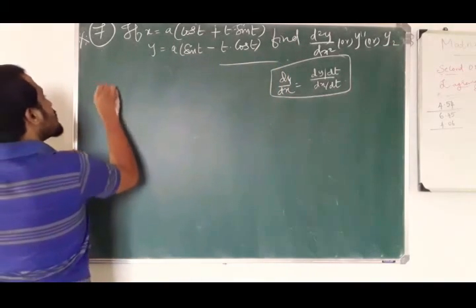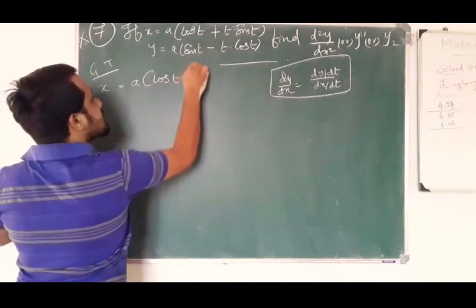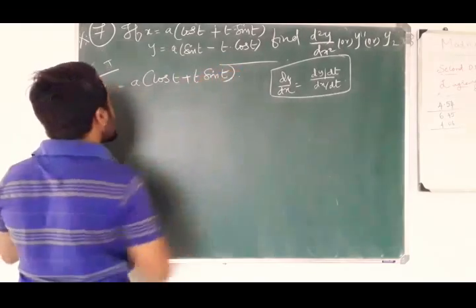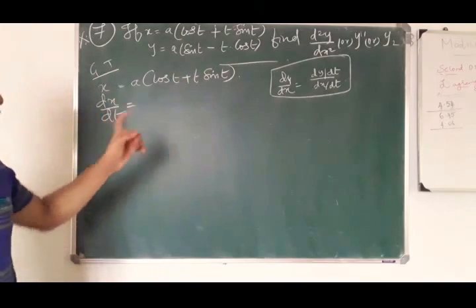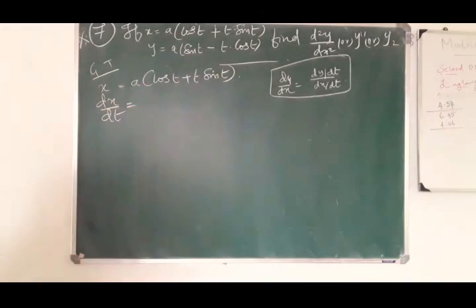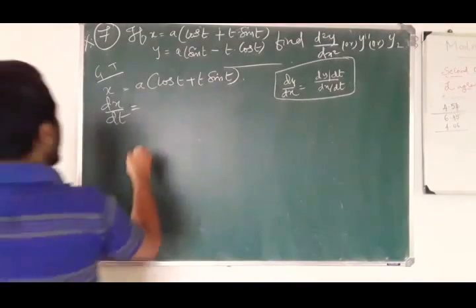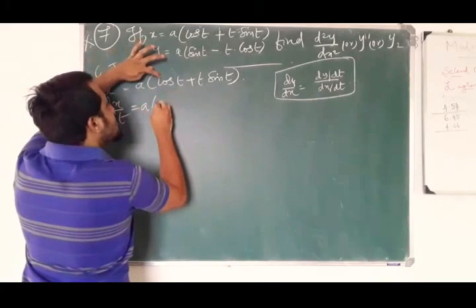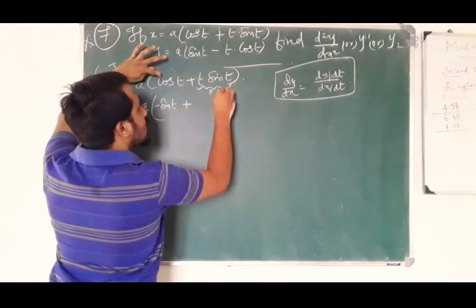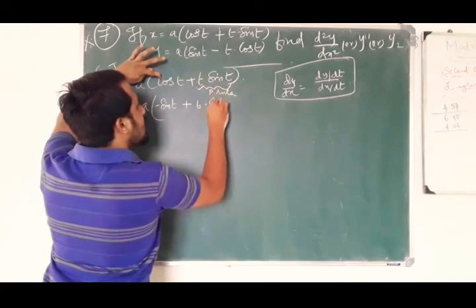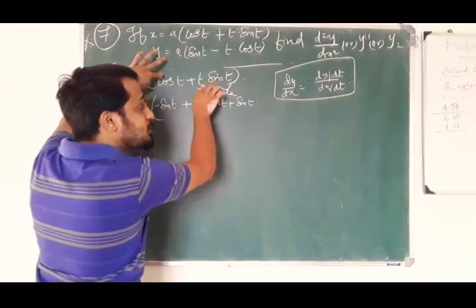So let us discuss. Given that x is equal to a into cos t plus t sin t. So dx by dt is equal to a into derivative of cos t, which is minus sin t, plus, here we have to use the product rule, t into derivative of sin t is cos t plus sin t into derivative of t with respect to t, which is nothing but 1.